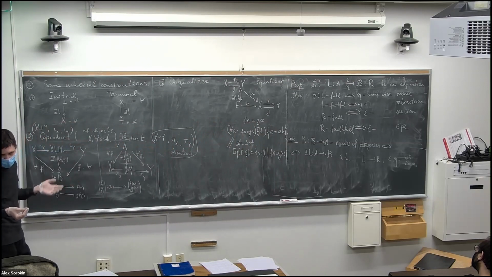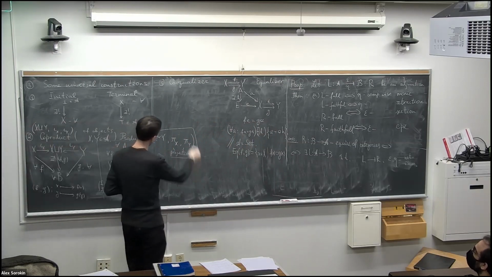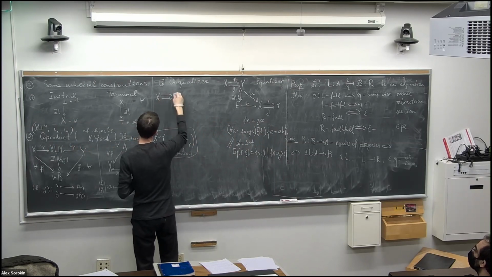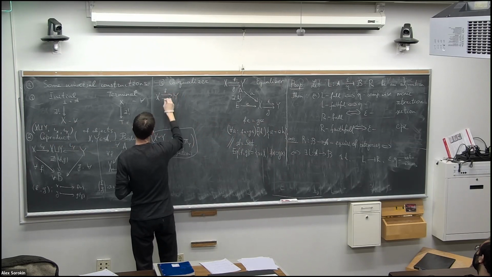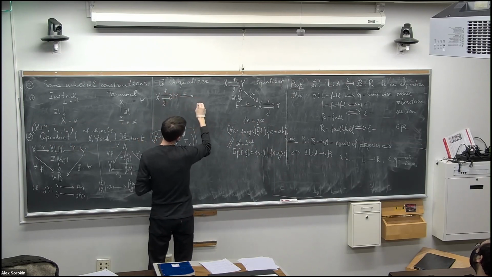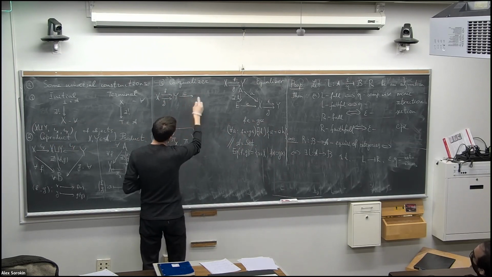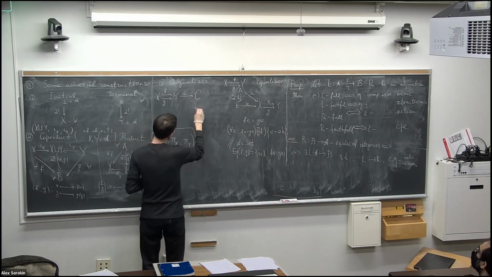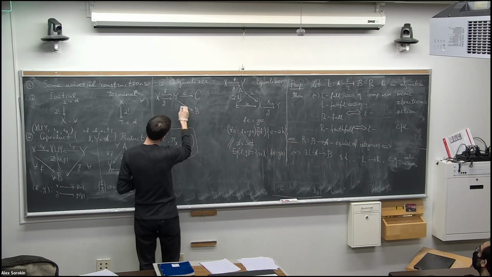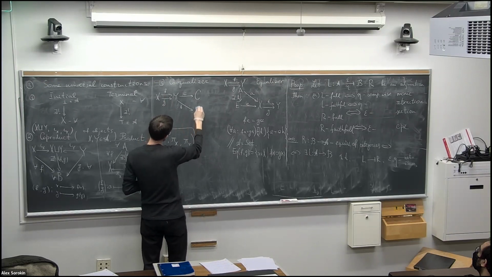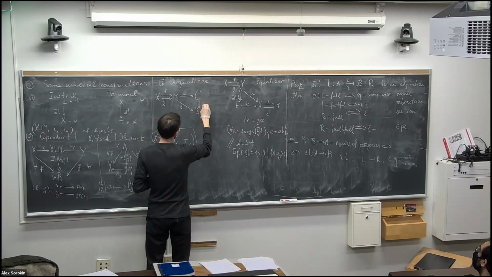That's why it's an equalizer. For the co-equalizer, you're taking X, Y, here are F, G, and they're co-equalized by C to an object. Okay. And whenever you have B, an arrow B that co-equalizes G and F, there will be a unique arrow H making a triangle.